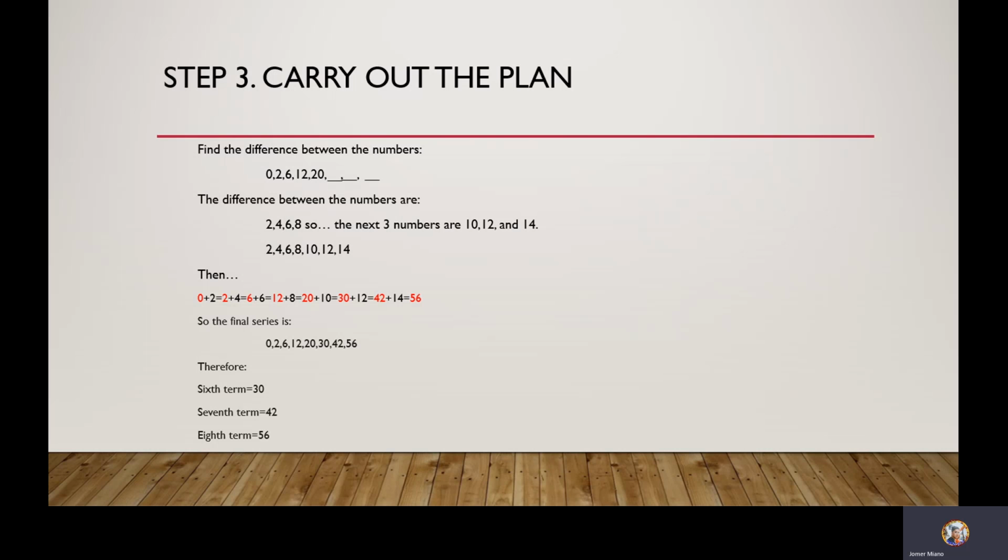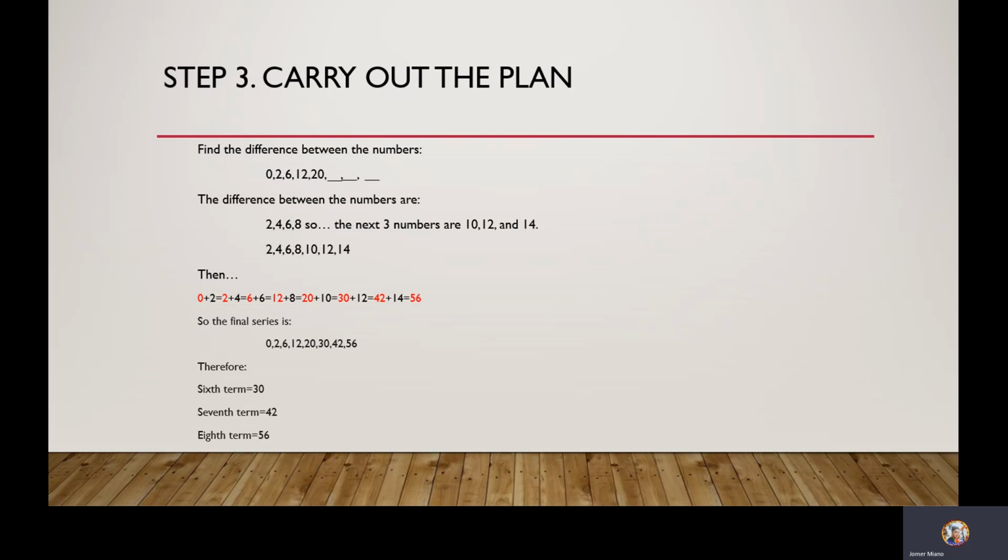So, gaya kanina, kunin pa rin natin yung differences between the numbers. And the differences between the numbers are 2, 4, 6, and 8. At kung mapapansin natin is meron na siyang pattern, which is the series of positive even numbers.